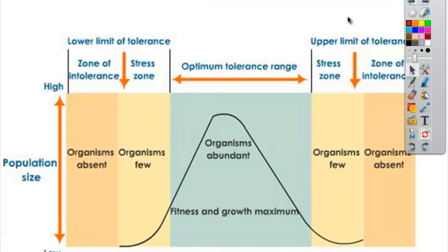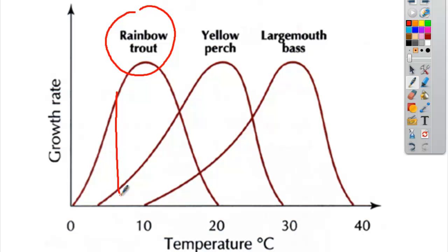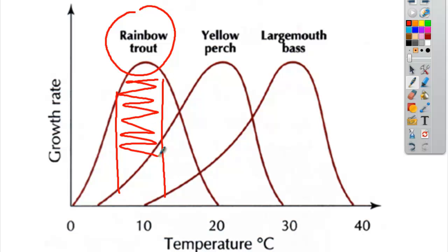Moving right along. Here's a great example of fish and their range of tolerance for different temperatures. You'll see that in the case of fish, rainbow trout are the ones that need the coldest temperature, with their optimum range being right around here. All right, that's what rainbow trout like. So they have to be in cold streams.